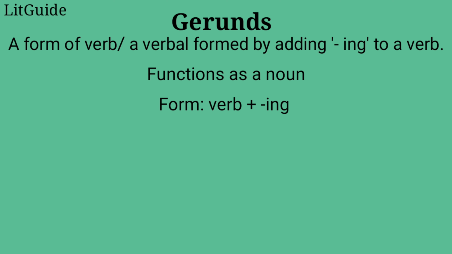Let us understand this with the help of an example. Consider this sentence. Tom is painting. Here, the word painting is the main verb because it indicates an action that the subject Tom is doing. It gives an answer to the question, what is Tom doing? And the answer painting is an action, hence it becomes a verb.